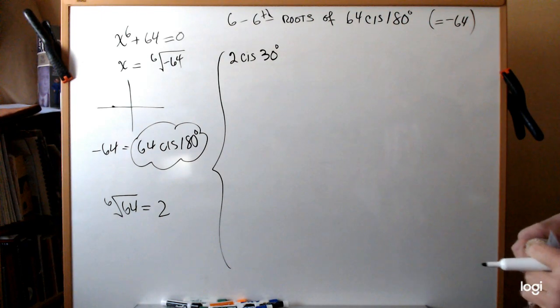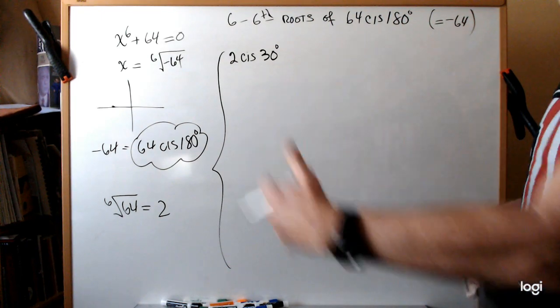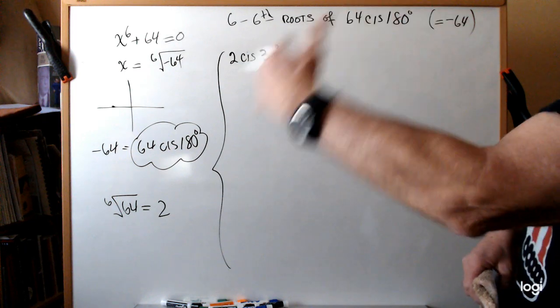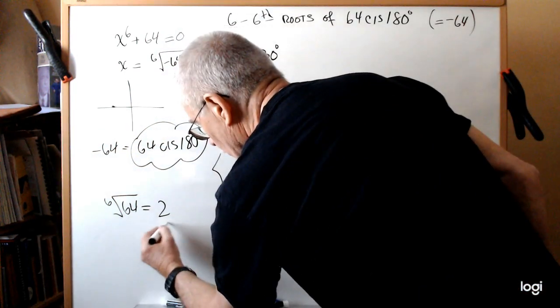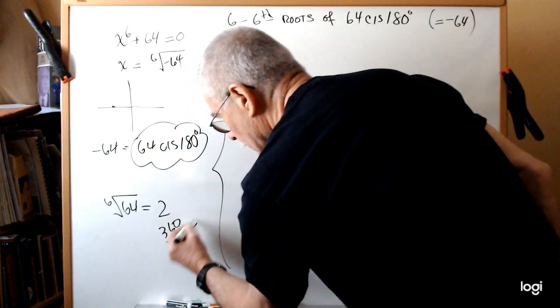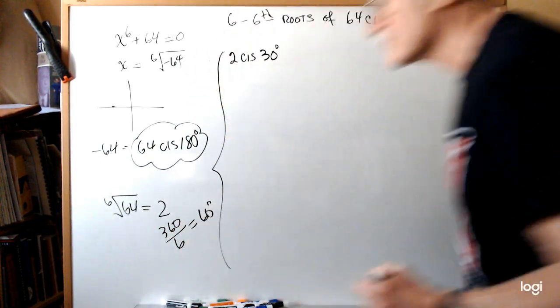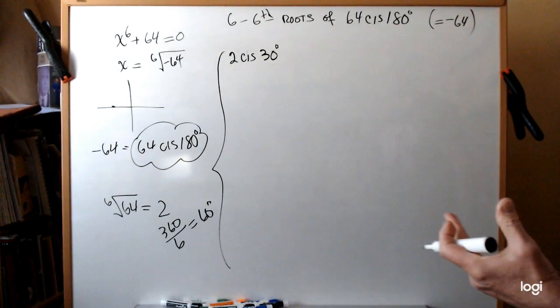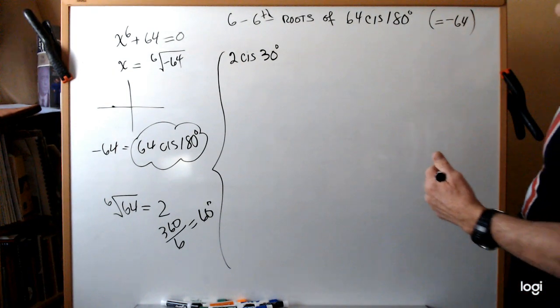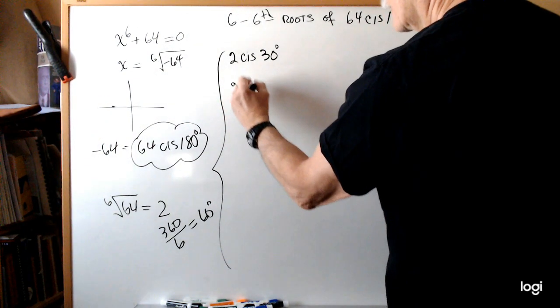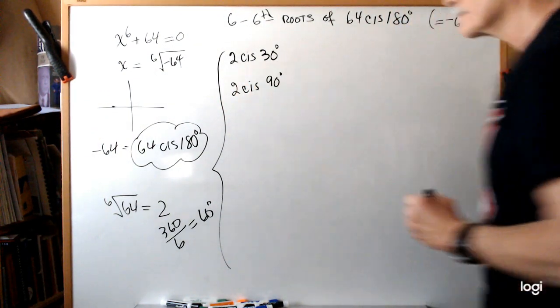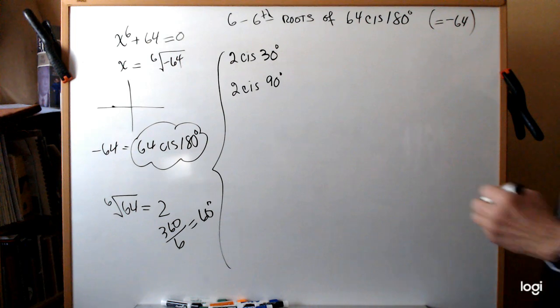And then the idea is the 6 roots are going to be equally spaced around the 360 degrees of a full circle. So if we take 360, divide by 6, we get 60 degrees. So every 60 degrees, we're going to get a new root. So I add 60 onto this, 2 cis 90. That would be my second root.